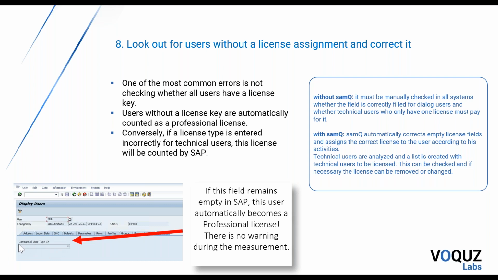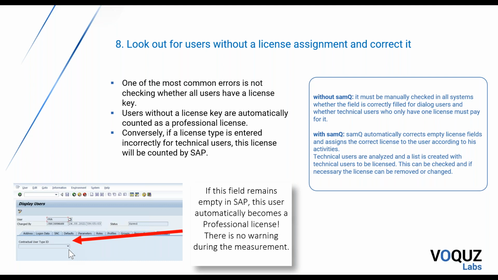Mostly you have the professional user here. So by default, SAP will assign those users without a license the most expensive license type, apart from the developer, of course. But this is something you need to definitely take care of before the audit starts.